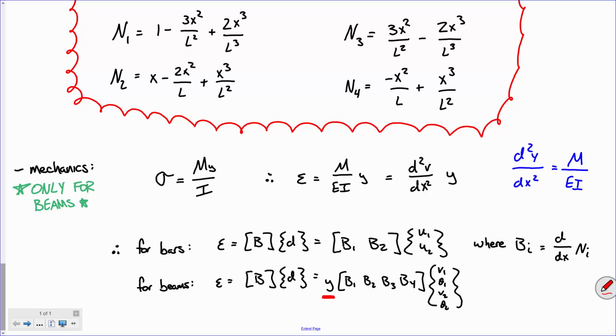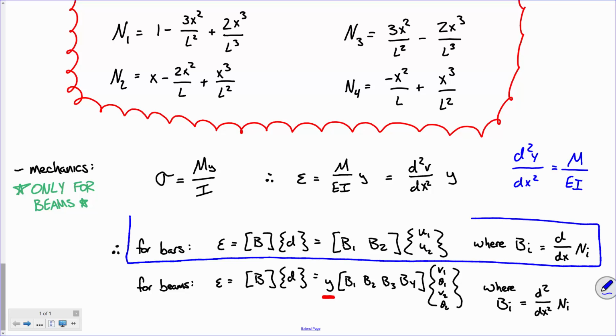So what I'm going to do is say where Bi is the second derivative of Ni. So maybe what I ought to do is say, okay, this is what we did for bars, but for beams.